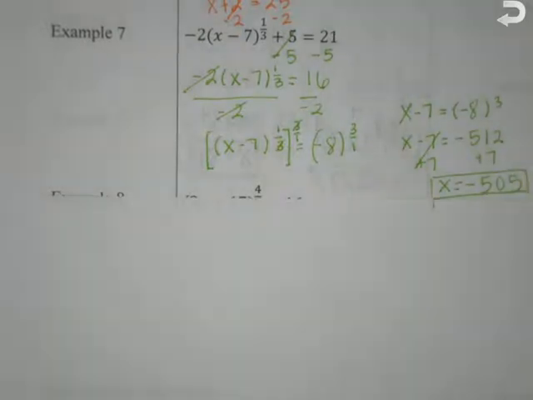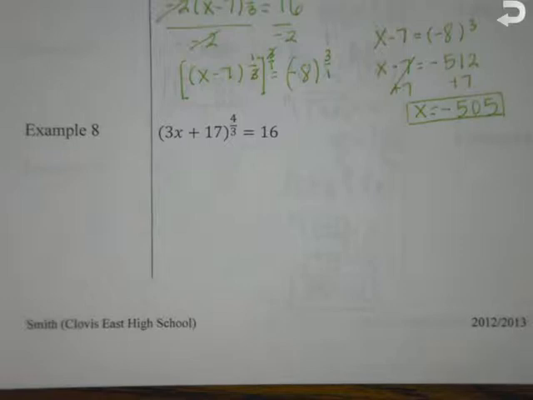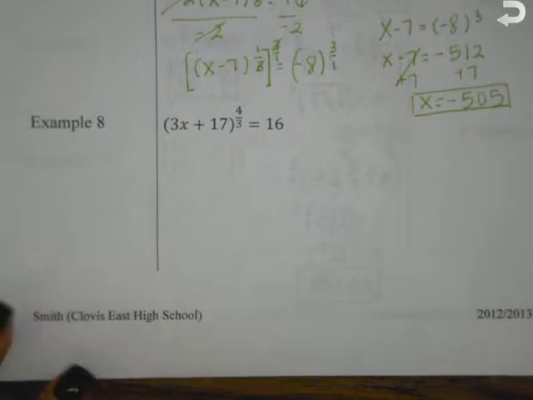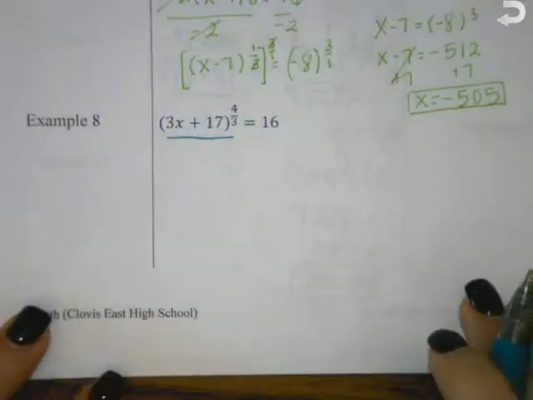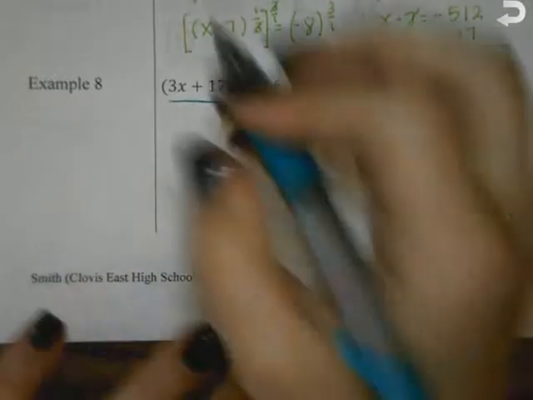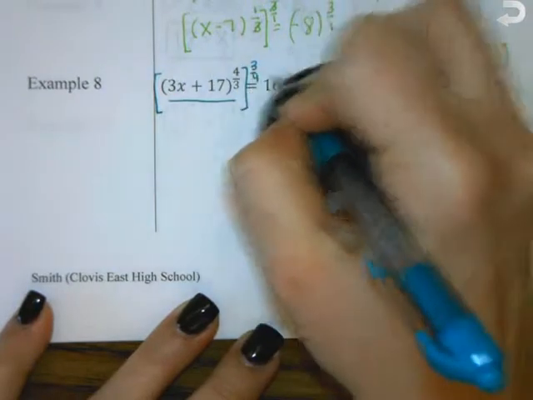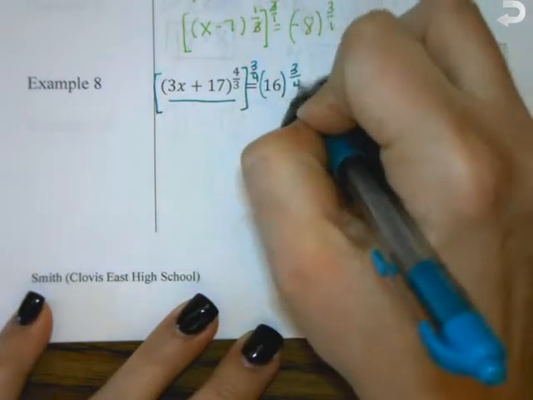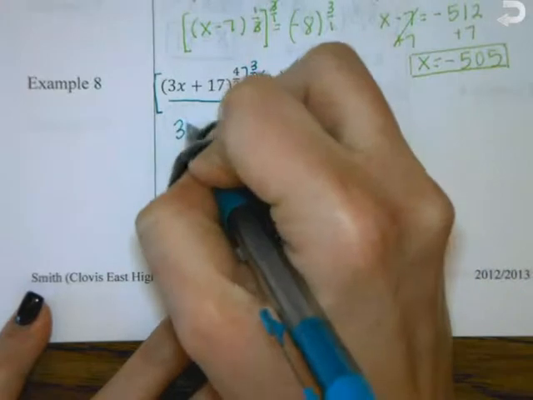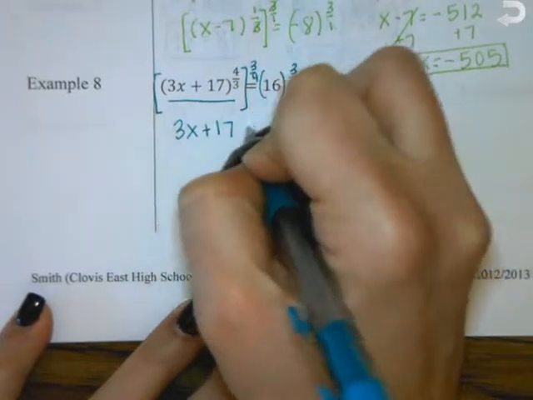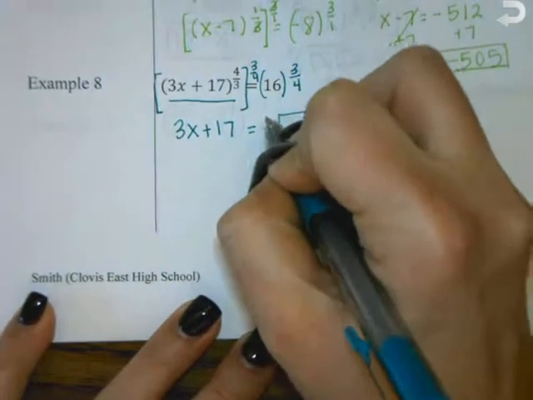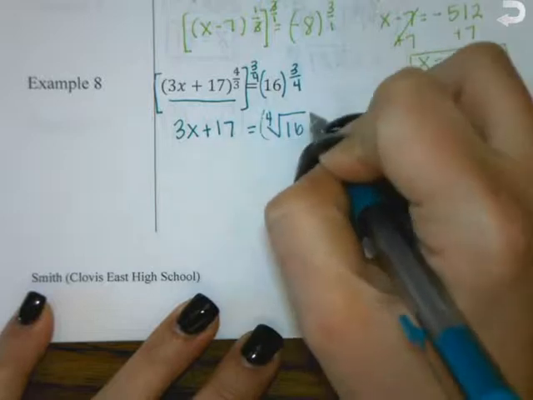So example 8. We have (3x plus 17) to the 4 over 3 equals 16. Is my exponent term by itself? Yeah. So raise the whole thing to the 3 over 4. So that's saying 3x plus 17 equals the 4th root of 16. And then whatever we get, we're going to raise that to the 3rd power.